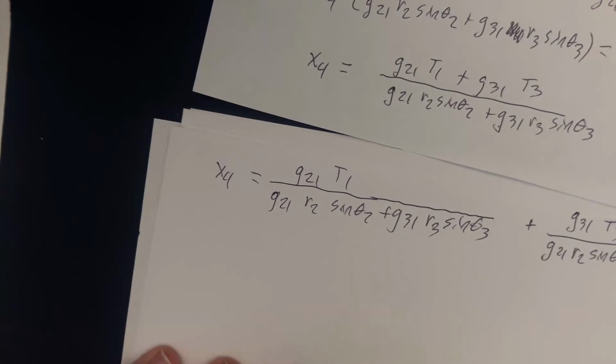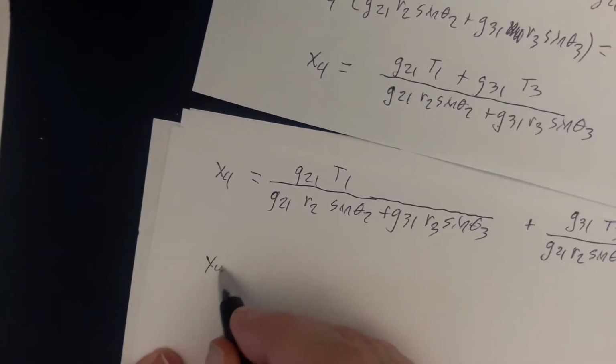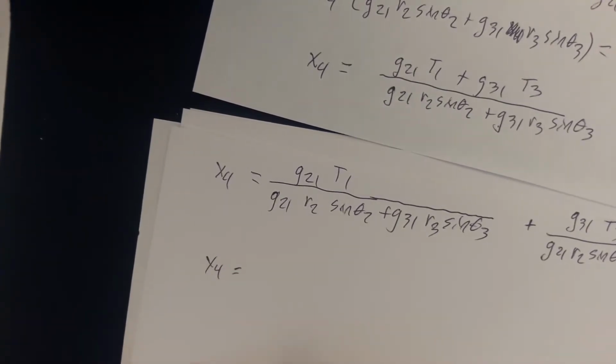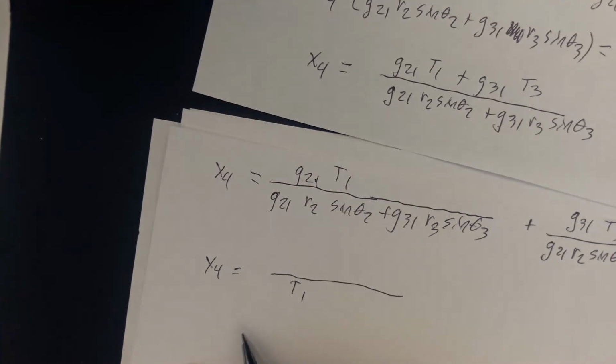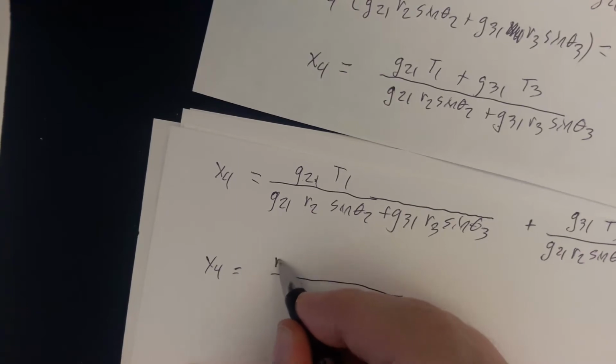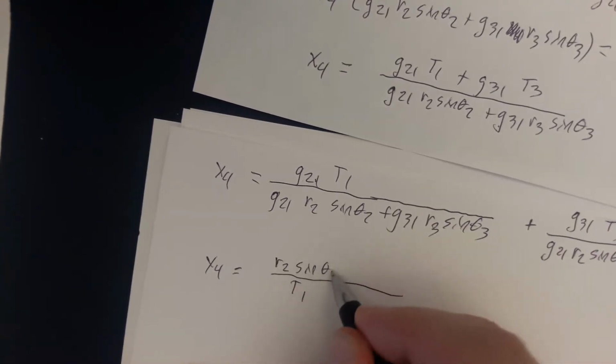So what I can do with that is I have x4, and I'm going to, like I said, just play some games with the algebra, and flip this term upside down and get t1 on the bottom. If I do the reciprocal, then I can divide through by g21. Okay, and so I'll just have r2 sine theta 2 on top.